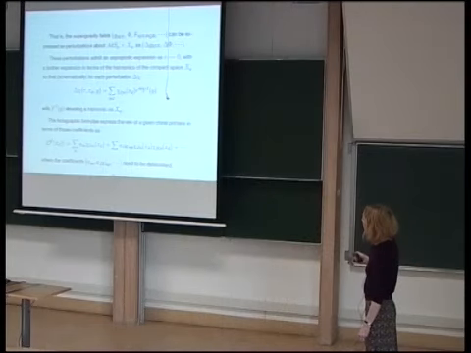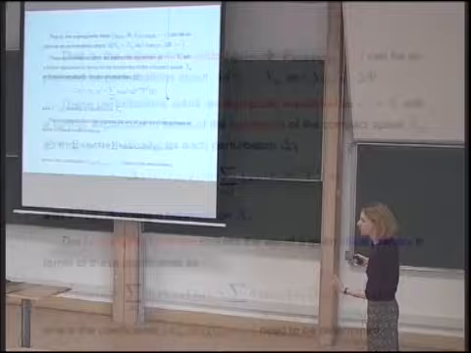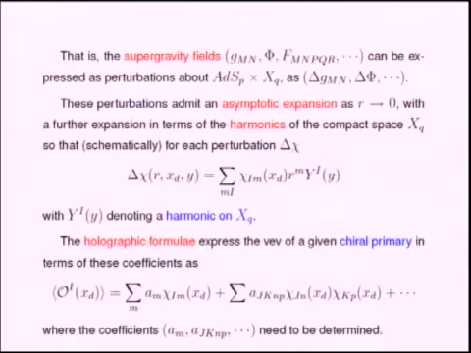Now we expand the perturbations near the boundary as R goes to 0, and expand them again in terms of the harmonics of this space. This is a compact space for all interesting cases. So schematically you can write each perturbation as a sum over radial expansion, and then Y denotes a harmonic on X_q. For many interesting cases, of course, this space is a sphere, so these are really spherical harmonics.